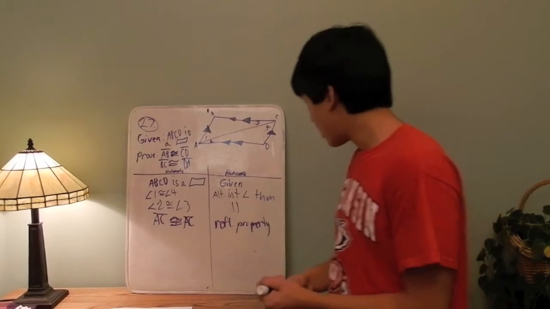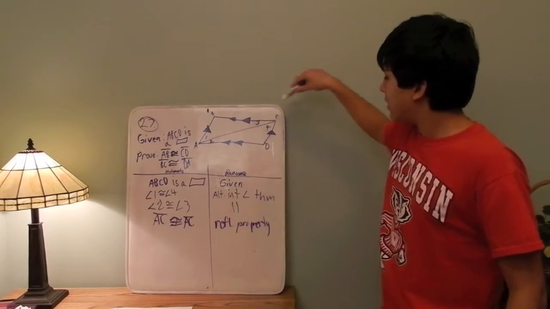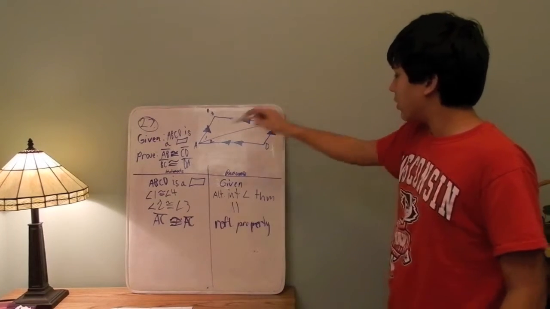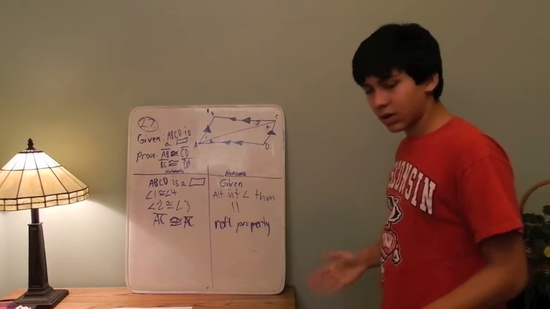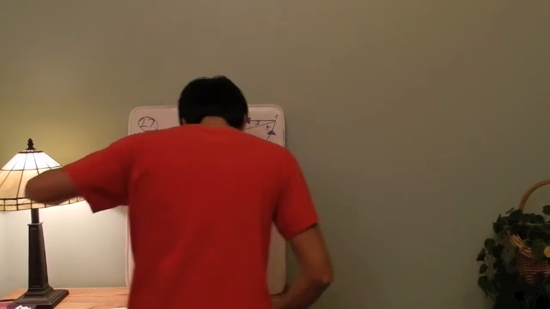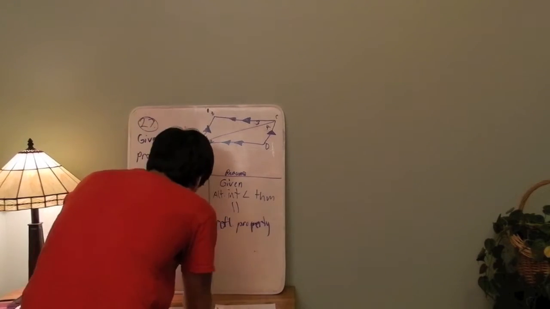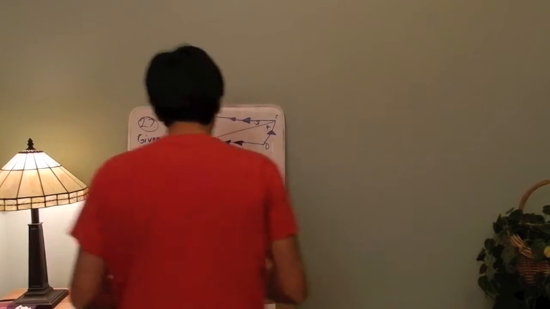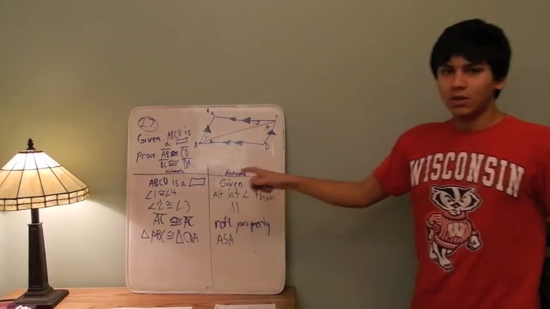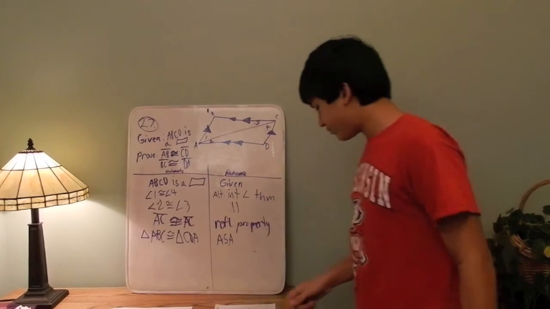So triangle ABC is congruent to triangle CDA by ASA, angle, side, angle.